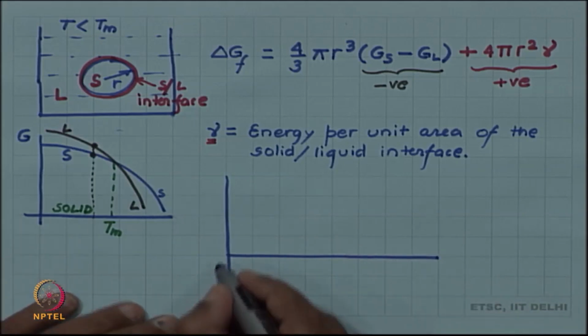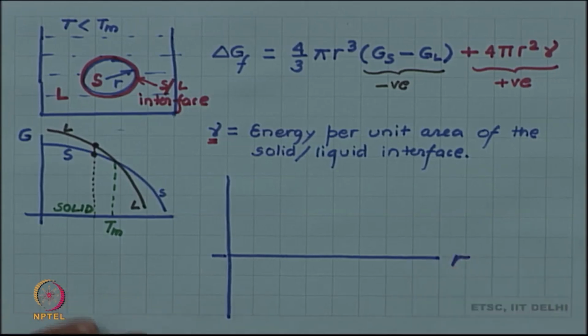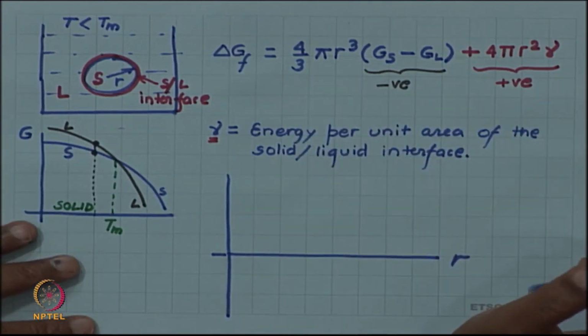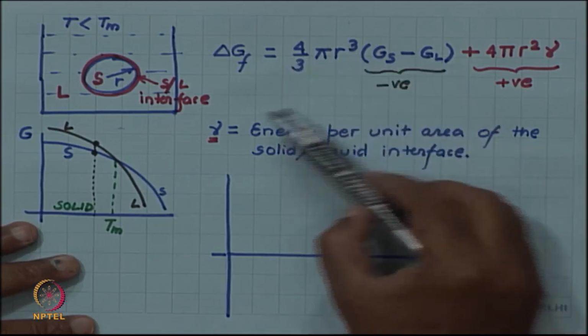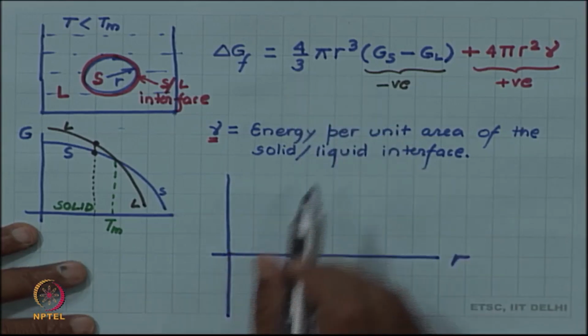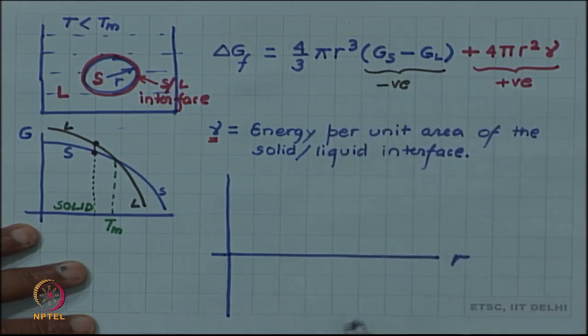So, let us draw these energy terms as a function of radius r. So, let us first draw the free energy, the volume term. So, that is 4 by 3 pi r cube GS minus GL, it is negative and it varies as r cube.